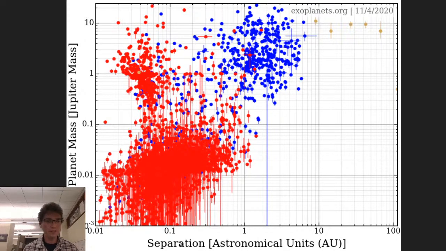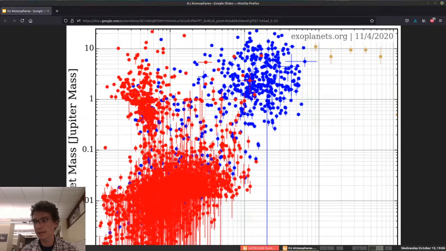You could also think of this as a proxy for how long a planet's year is. So planets over here have very short orbital periods, and planets out here have very long orbital periods. And for most planets, this is all we get. We get a size, either a radius or a mass, from transit or RV, and we get an orbital period, and that's it. We can still, though, start to understand what's happening on these planets by comparing with our own solar system.